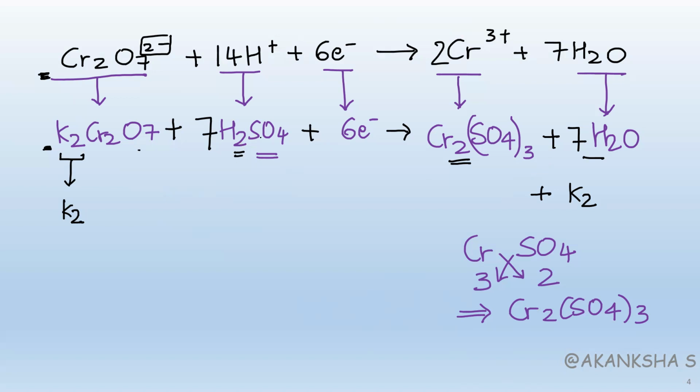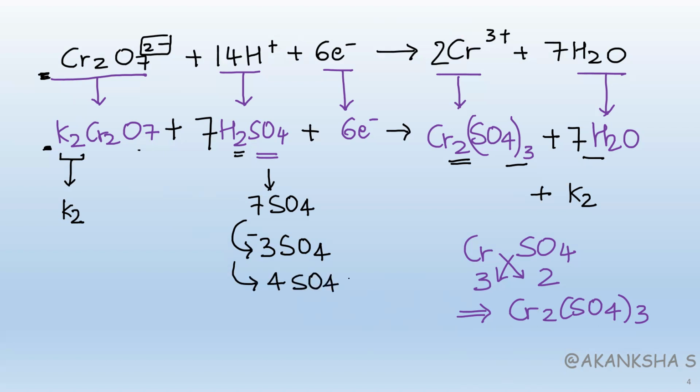7 times sulfate, of which 3 times sulfate has been utilized by chromium. Minus 3 times sulfate utilized by chromium. So how many more sulfates remain? 4 times sulfates are remaining. Yes or no?